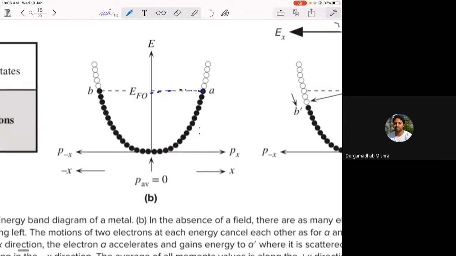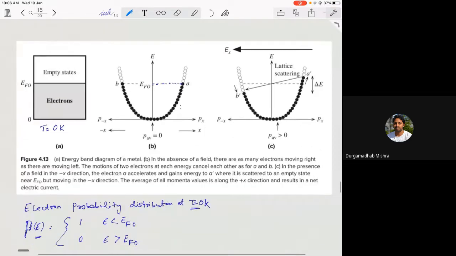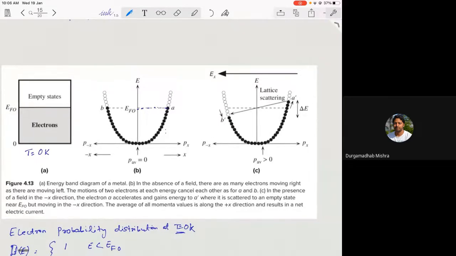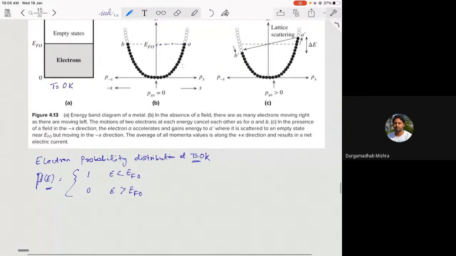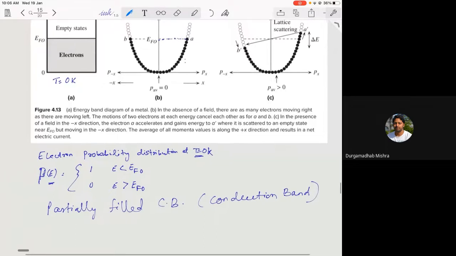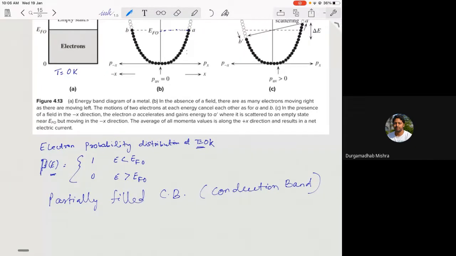In the last class we also saw that for each electron in these bands, let's say a partially filled conduction band, because it is not fully filled, the energy is similar to a kinetic energy.